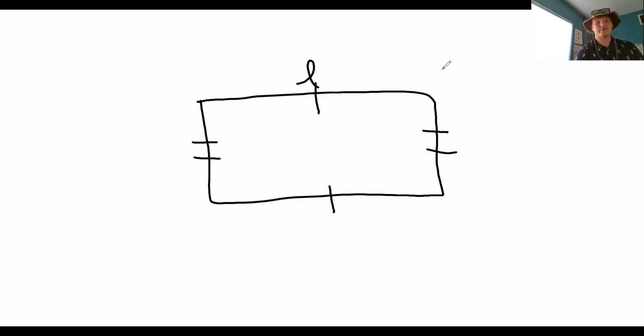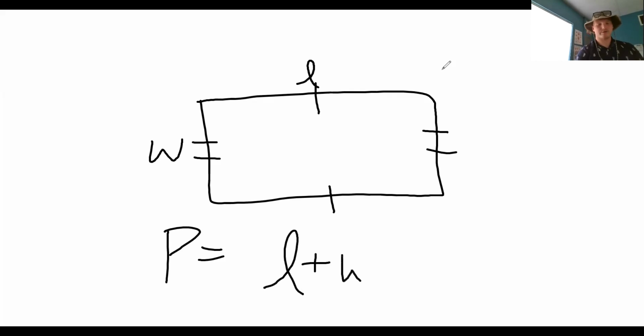The 1 dash side will be my length, and then my width will be the 2 dash. So for perimeter of a rectangle, you have perimeter equals 2 times length plus width. So length plus your width, and then you are multiplying that by 2 because there are 2 sides that are similar to each other. All right.